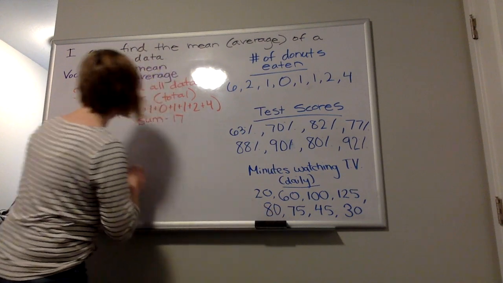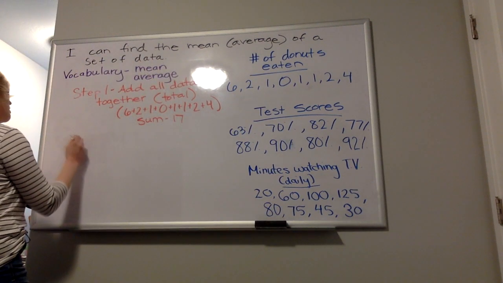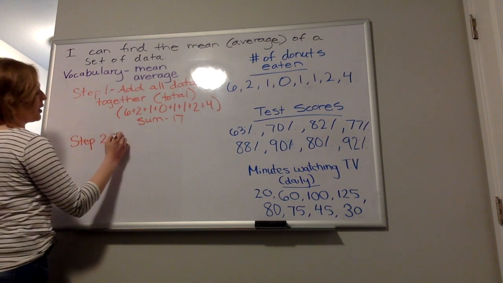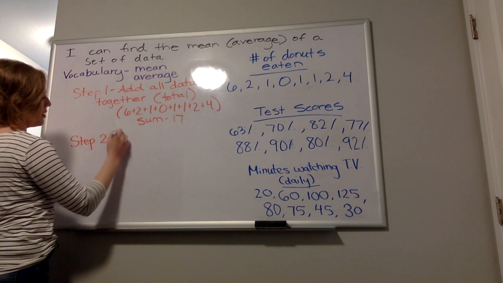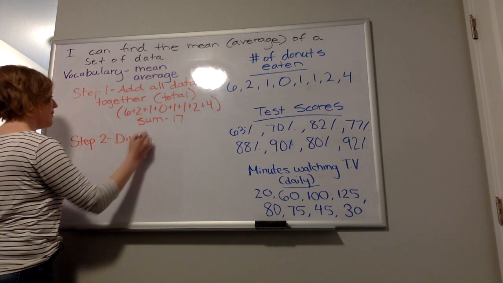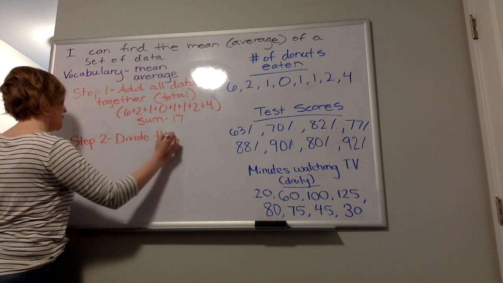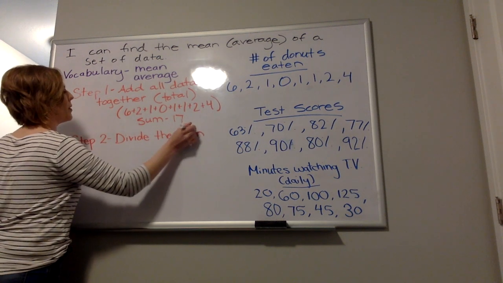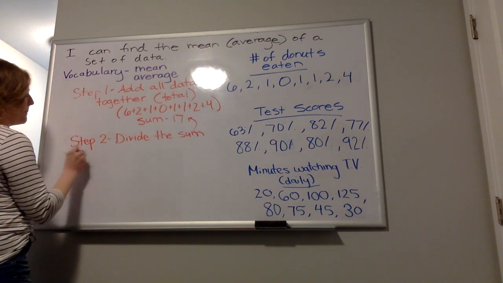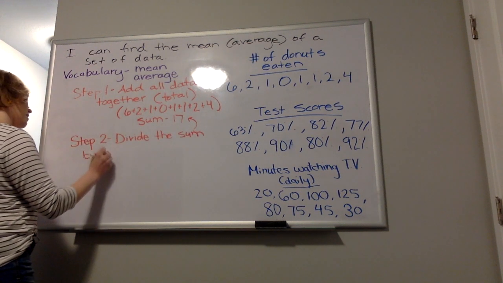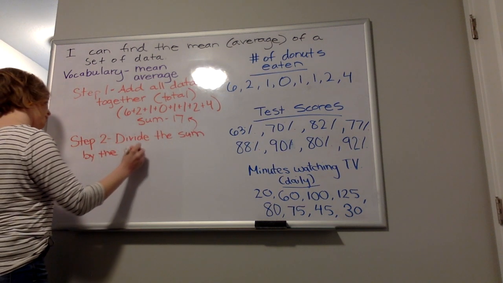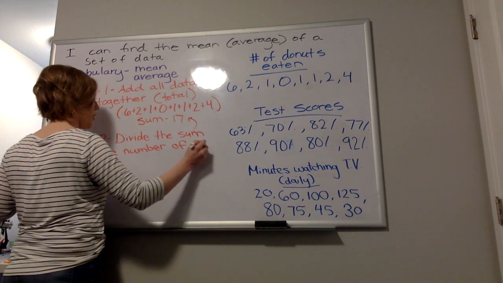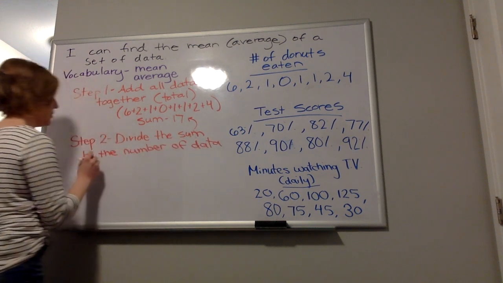Once you know the sum of all the data added together, then you're going to do step 2. You are going to divide the sum by the number of data points.